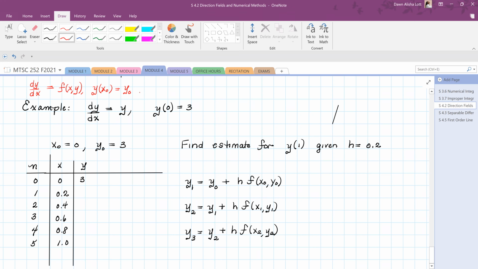Why is it called the differential equation? Does anybody remember why it's called a differential equation?